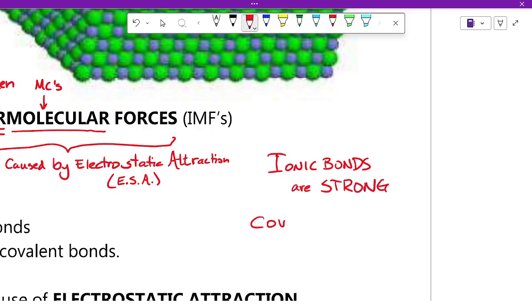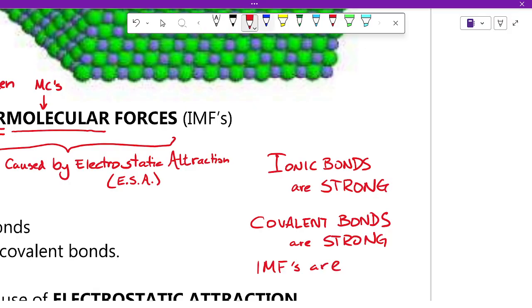Covalent bonds are strong. IMFs, intermolecular forces, are weak.